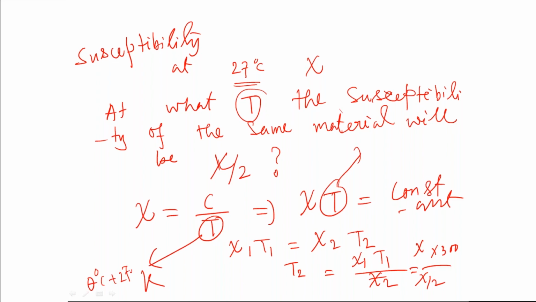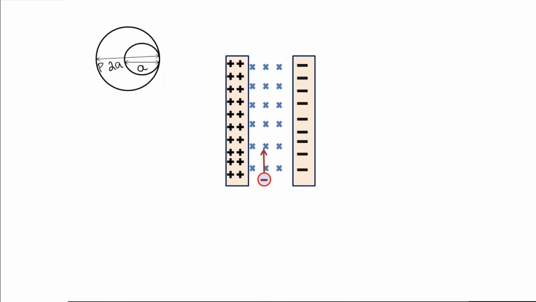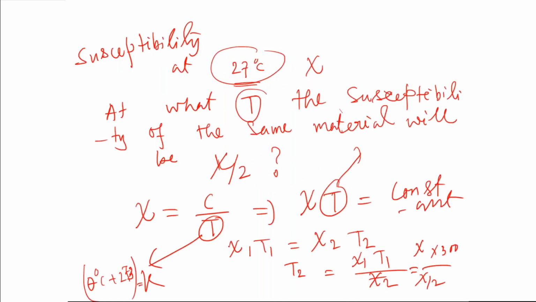If you are given some temperature, suppose theta degree centigrade, then you have to add 273 to get it in Kelvin.